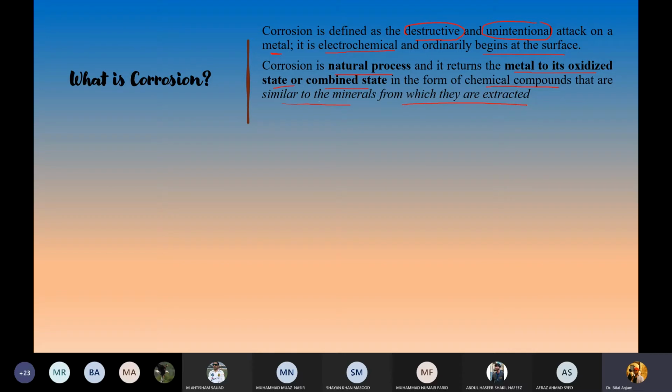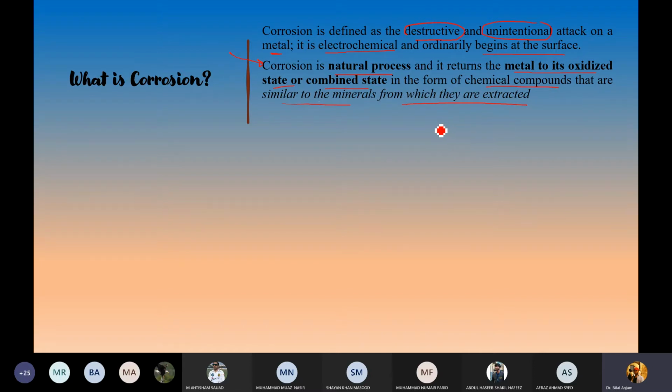They are extracted from different compounds into the metallic state by performing certain processes. So corrosion, in a very crude form, is the natural process of metals trying to get back to their original state, the state they were in, in the very basic form.